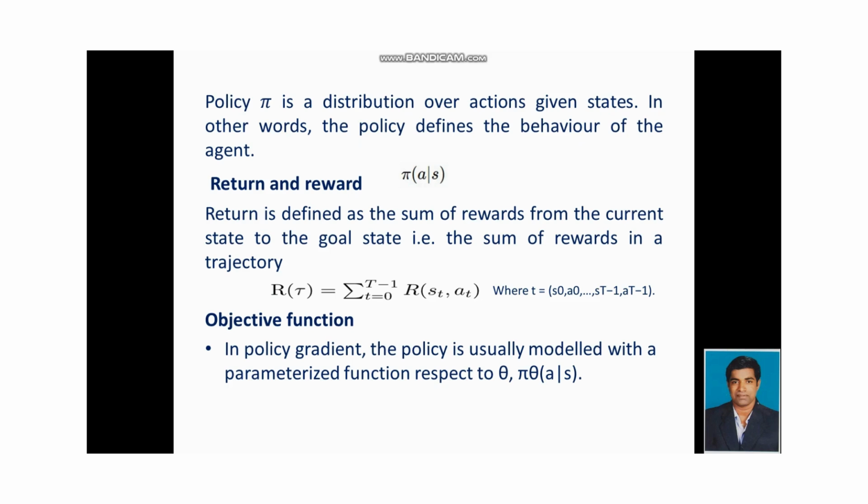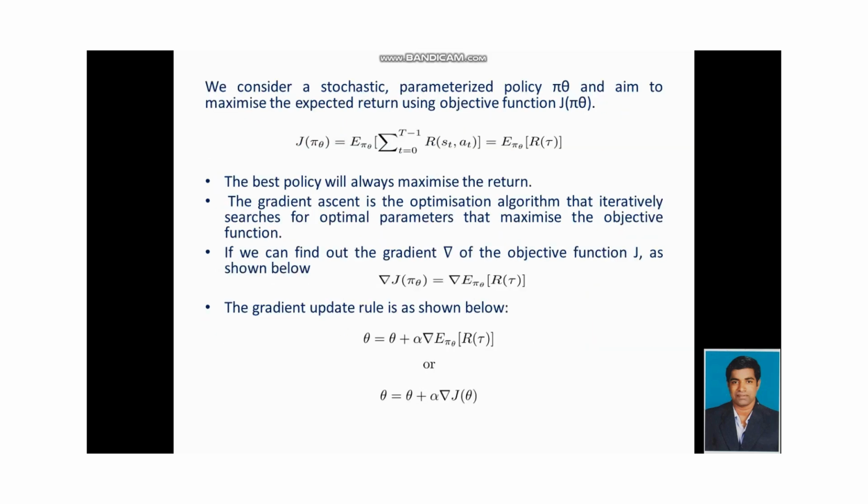Objective function. In policy gradient, the policy is usually modeled with a parameterized function with respect to theta, pi theta of a given s. We consider a stochastic parameterized policy pi theta and aim to maximize the expected return using the objective function J of pi theta.